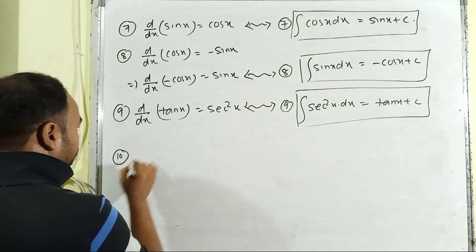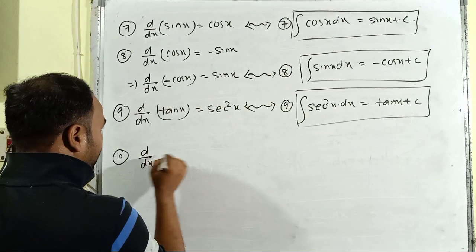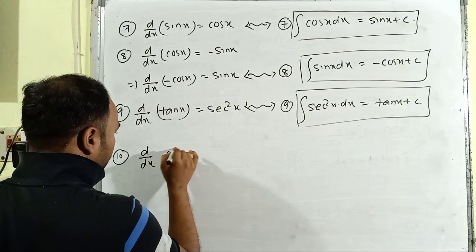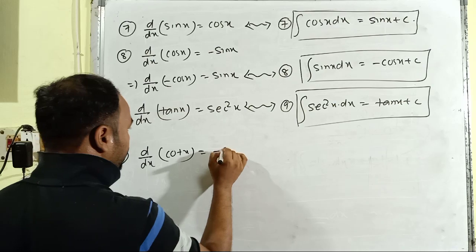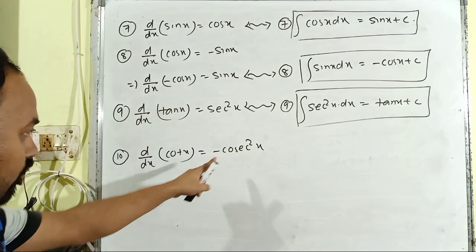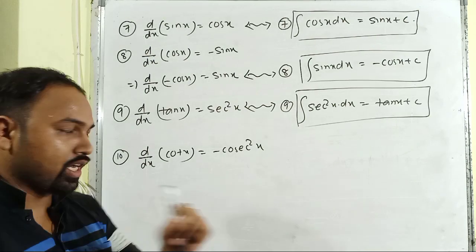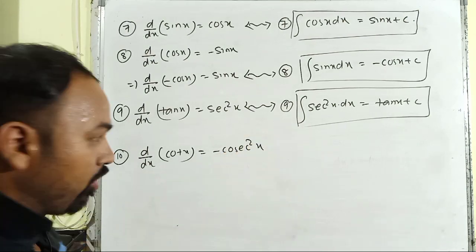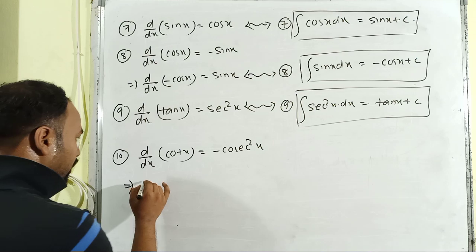The number 10th formula of differentiation is derivative of cot x, it is minus cosec square x, but I have already told that we cannot put a negative sign and also any constant term in the right hand side, so that our formula can be generated here.